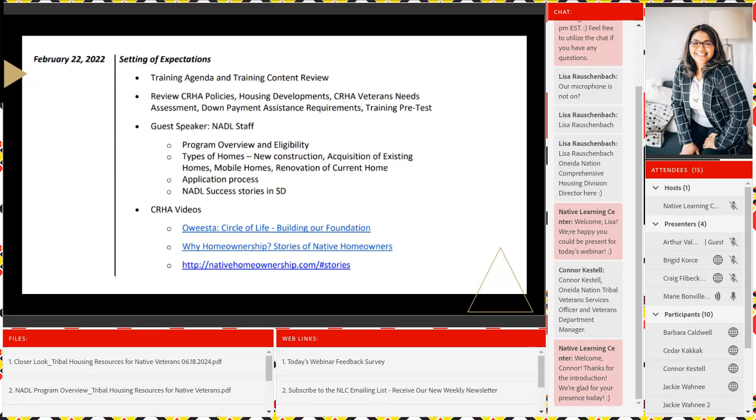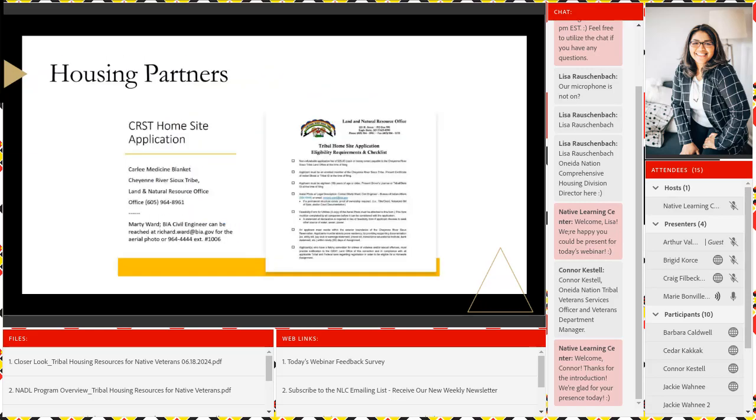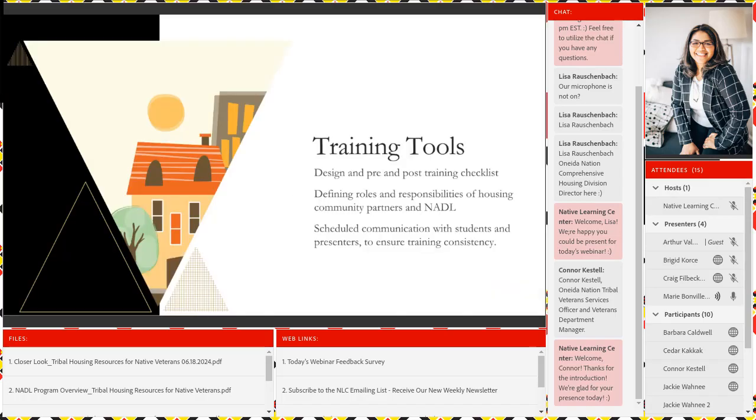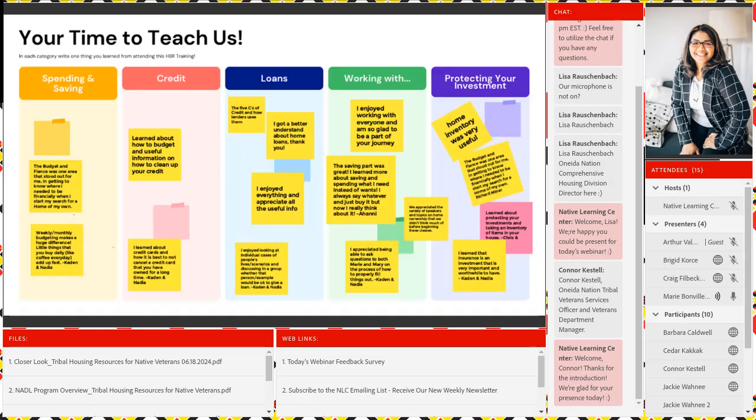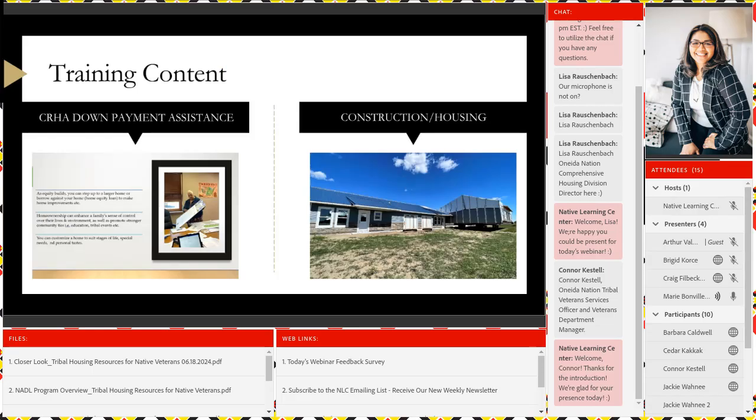This is a breakdown of what our trainings look like and the partners that we asked to provide information. So of course we had land office, we had the NADL staff several times. We had insurance and other providers. We used a lot of training tools and kept it engaging because you are in a virtual setting.